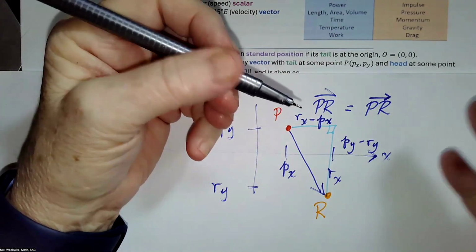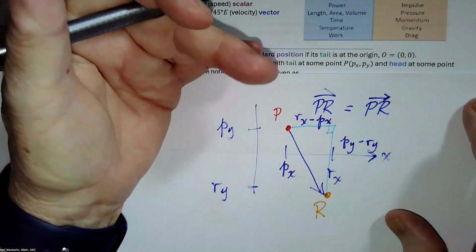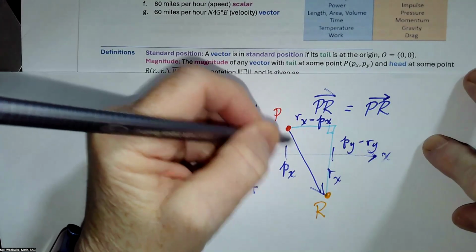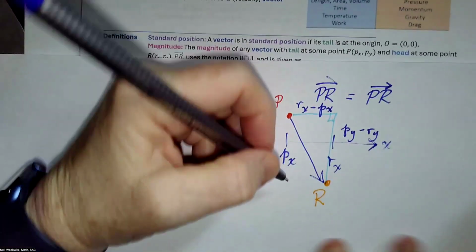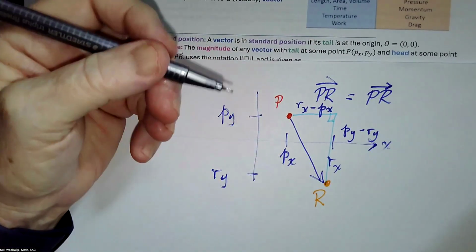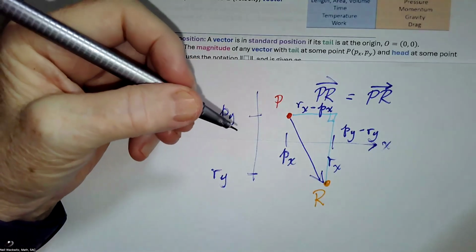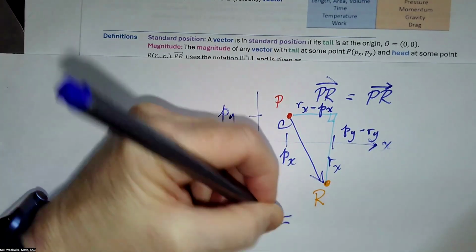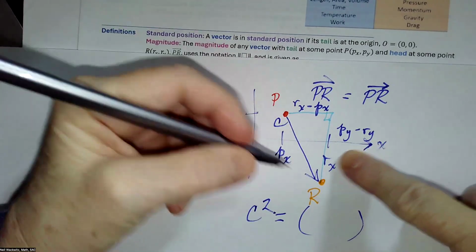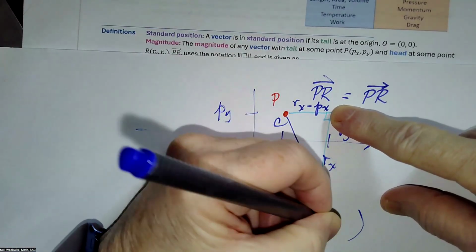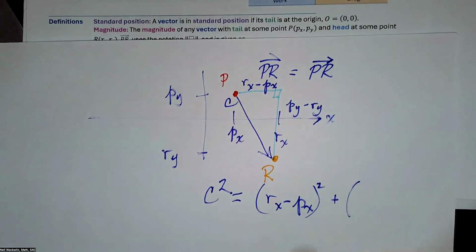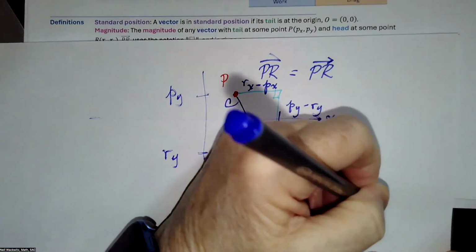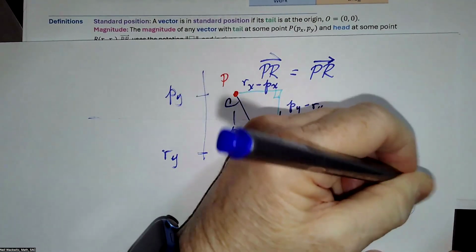And I know from the Pythagorean theorem that the distance of this arrow is going to be, we don't want to use R because we've got an R, let's call it C. We know that C squared is equal to R sub x minus P sub x squared plus P sub y minus R sub y squared.